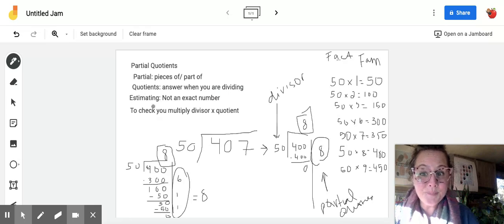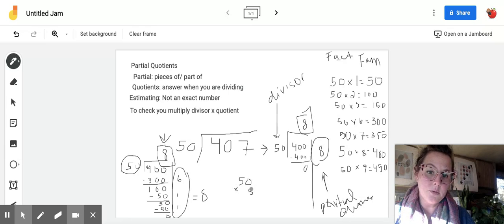Now, I'm not done. To check, you multiply the divisor, this guy, times your quotient, this guy. Again, 50 times 8. I would come over here and I would do my math. 8 times 0 is 0. 8 times 5 is 40.